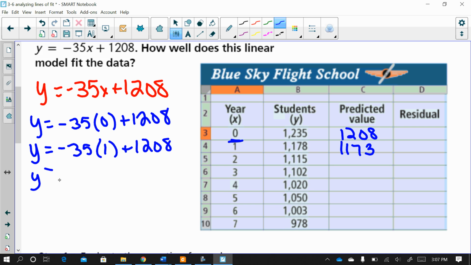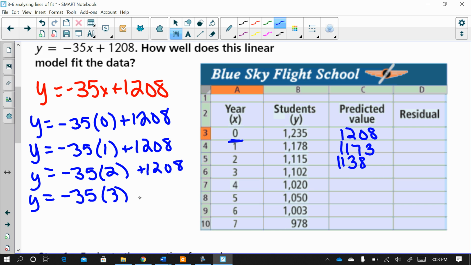Now we're going to plug in 2. Negative 35 times 2 plus 1208. Negative 70 plus 1208, we get 1138. Now 3: negative 35 times 3 plus 1208. We get 1103.